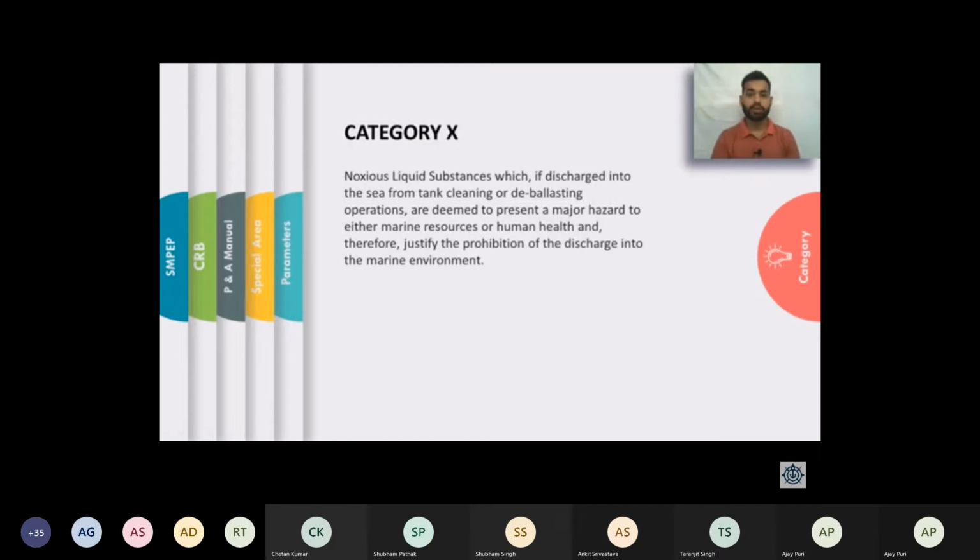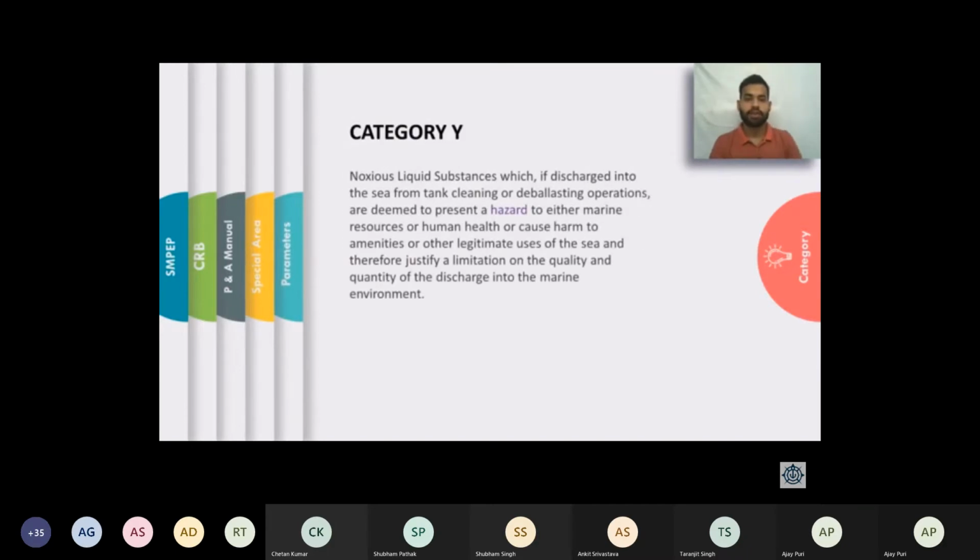The noxious liquid substances which fall under category X, if discharged into the sea from tank cleaning or deballasting operation, are deemed to present a major hazard to the marine environment as well as the human health. Therefore, they are absolutely prohibited to be discharged into the sea. Next up is category Y substances.